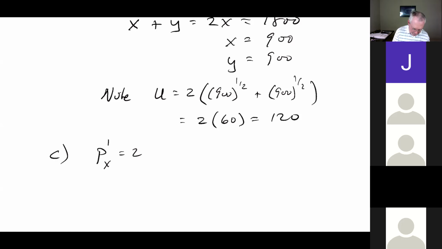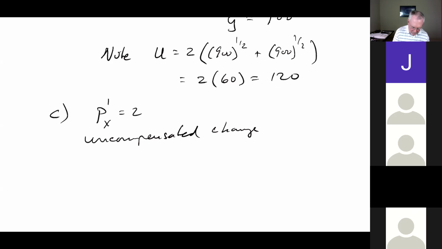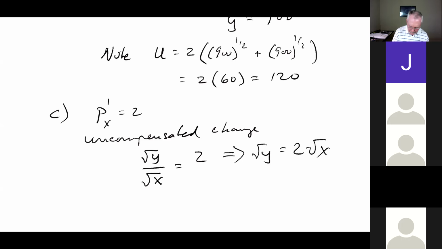So let me first find the uncompensated change in quantity demanded of X. I've got square root of Y over square root of X is now going to be equal to 2 over 1, or 2, which tells me then that at my solution, the square root of Y will be equal to 2 times the square root of X. We square both sides. That tells me that y then will be equal to 4x at the solution.